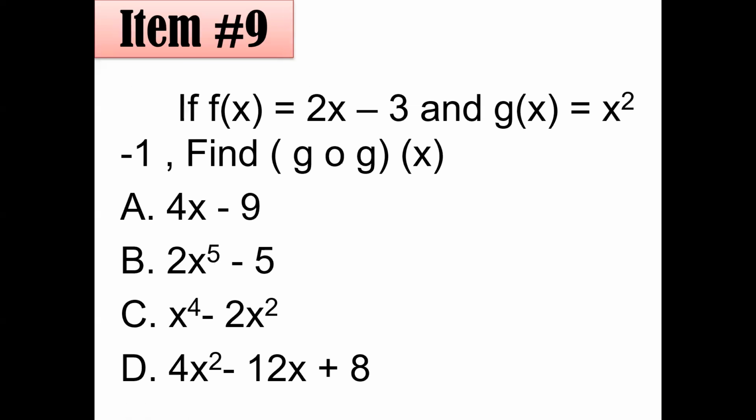Number 9. If f of x equals 2x minus 3 and g of x equals x squared minus 1, find g of g of x.